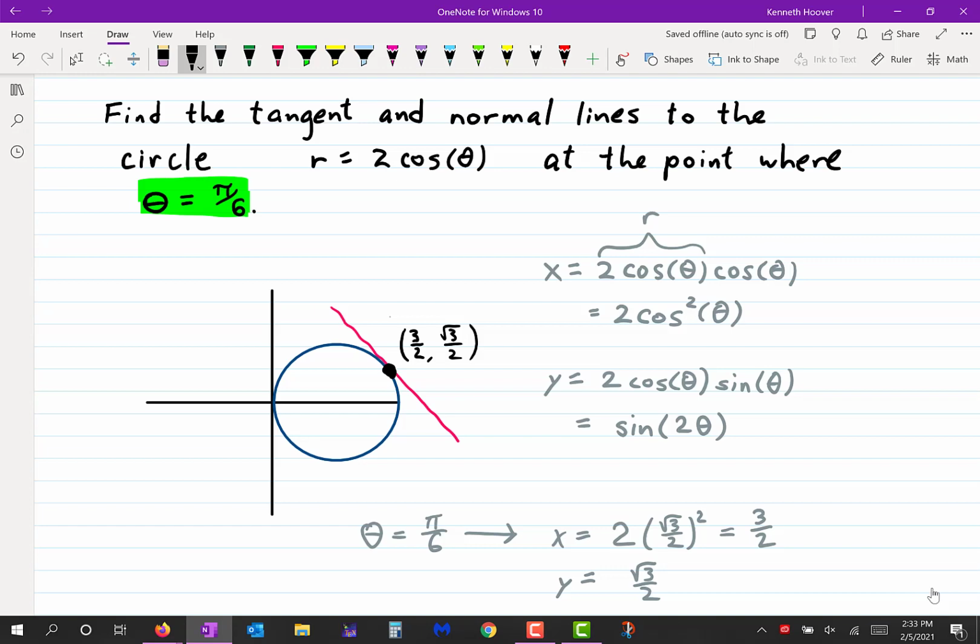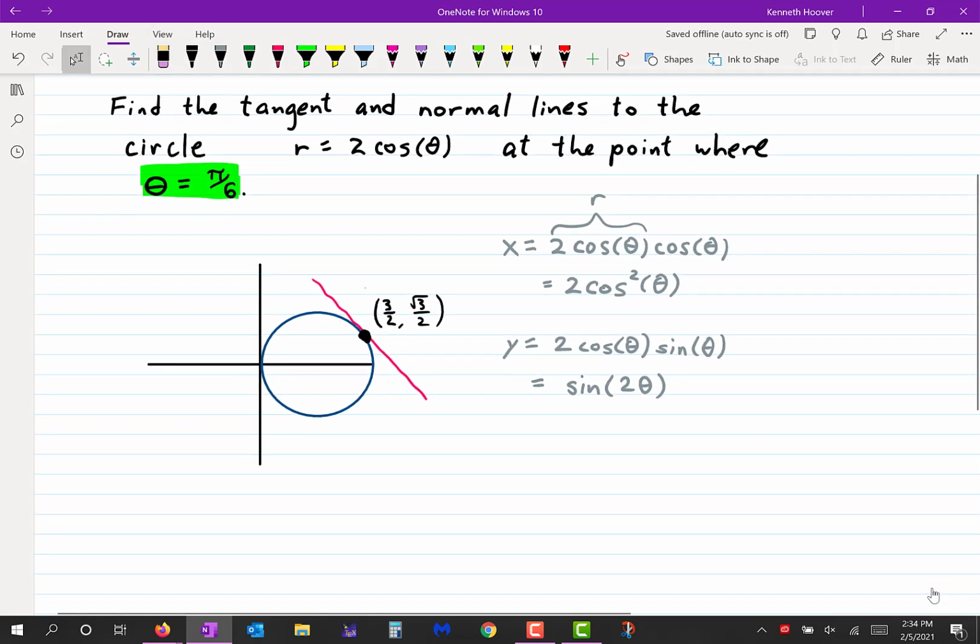Now, let's find the slope of the tangent line. So we need to find dy/dx. dy/dx equals dy/d theta divided by dx/d theta.